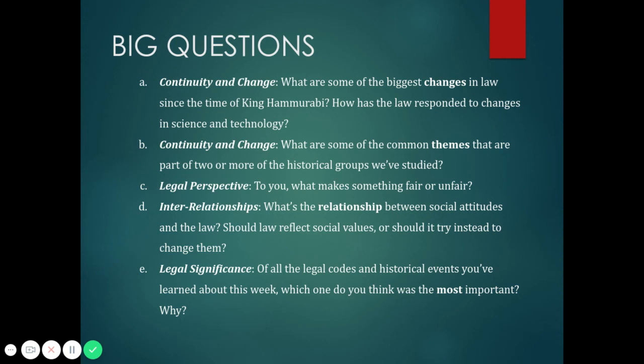What's the relationship between societal attitudes and the law? And we got into this a little bit in our last lesson about what is law and what is it for? Is law meant to reflect the values of the society, or should it be trying to push society ahead to a place that is more just?